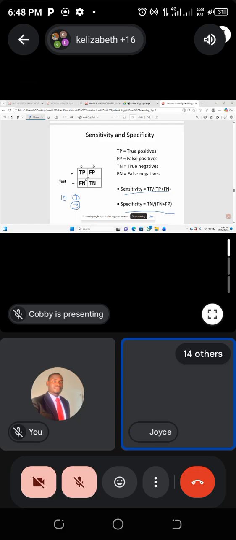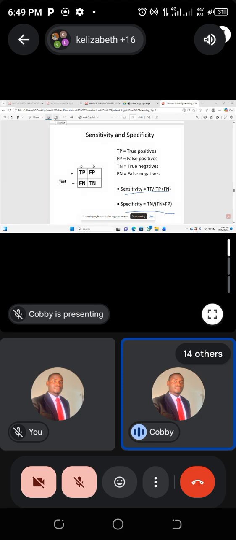Yes, on specificity. Okay, so let me go to specificity, looking at the time so that we don't waste much time here. Specificity, we said, is the ability of the test to identify the true negatives.